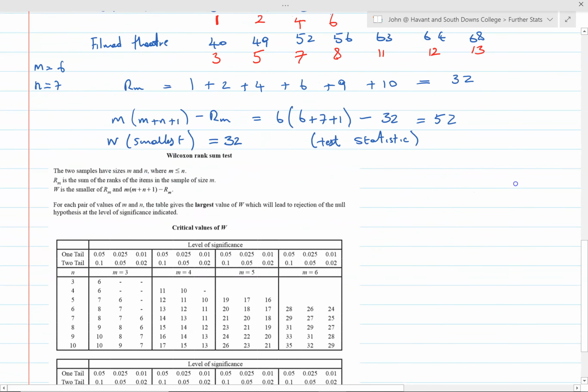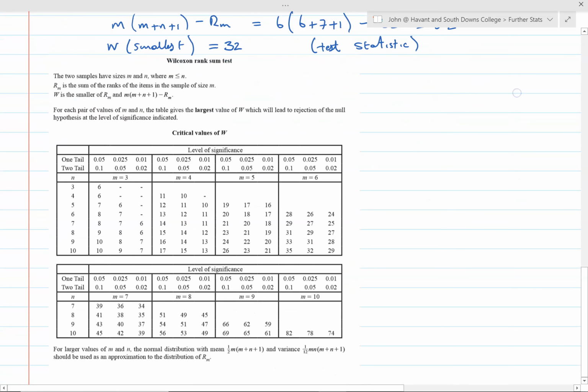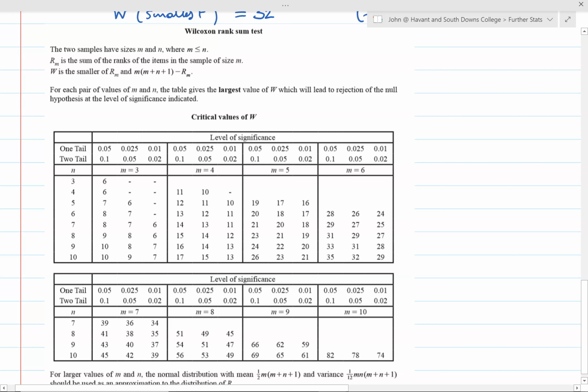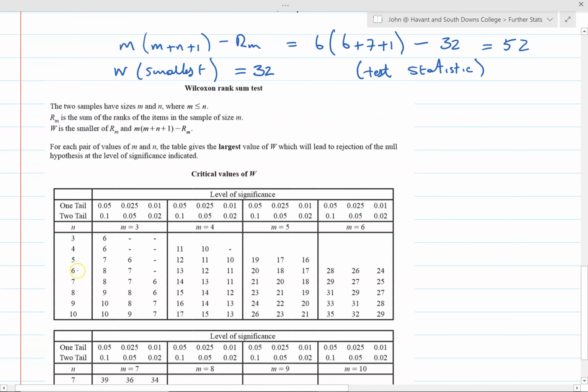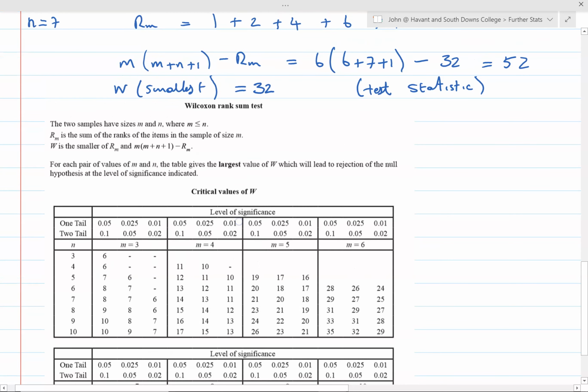Right, so here's the tables that were given, and we look for, we've got M as being equal to 6 and N was 7.